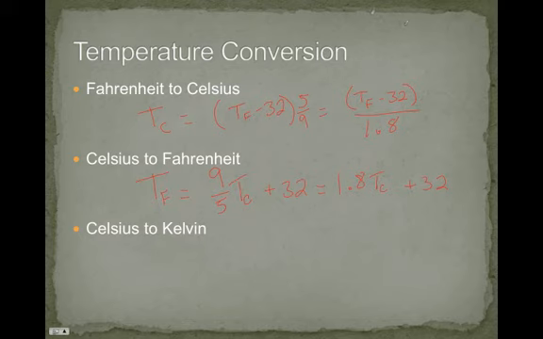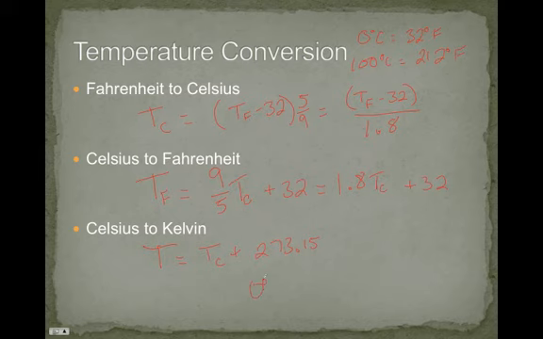Easiest numbers to remember is that 0 degrees Celsius is 32 degrees Fahrenheit, and 100 degrees Celsius is 212 degrees Fahrenheit. If you know those two sets of numbers, you can easily convert from one form to another. Celsius to Kelvin is very simple too, since the absolute temperature in Kelvin is just going to equal Celsius plus 273.15.